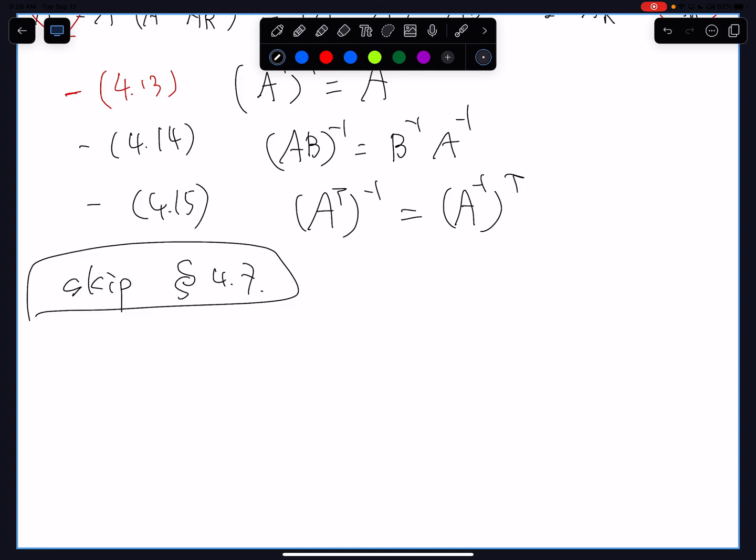But before defining the inverse matrix, remember, this is our ultimate goal, right? Solving this equation. But we know we require a certain condition, right?